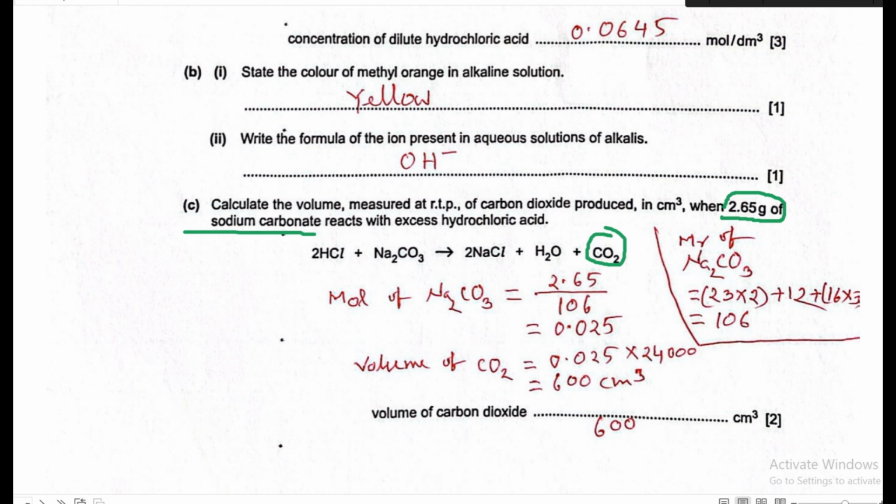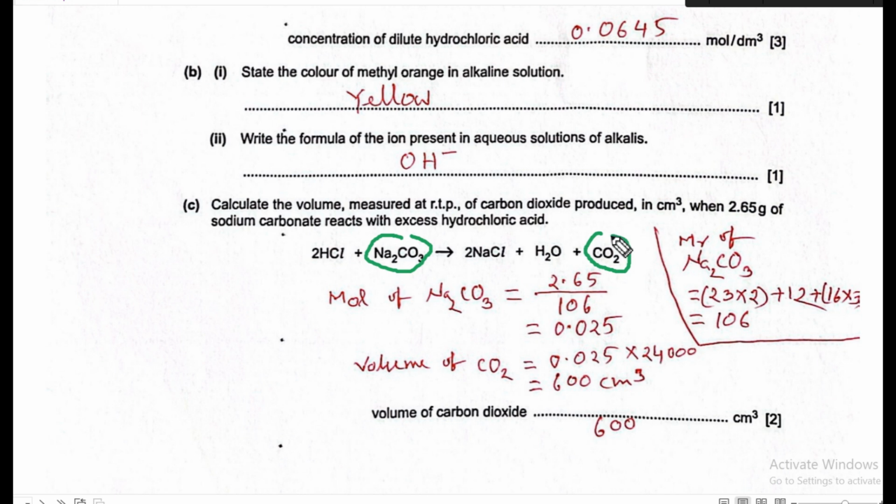First of all, moles of sodium carbonate is mass divided by molar mass 106. How do you get 106? This is the Mr, relative molecular mass of sodium carbonate: 2 sodium 23 times 2, 1 carbon 12, oxygen 3, 16 times 3, total you get molar mass 106. So moles of sodium carbonate is mass divided by molar mass, 0.025 mole.